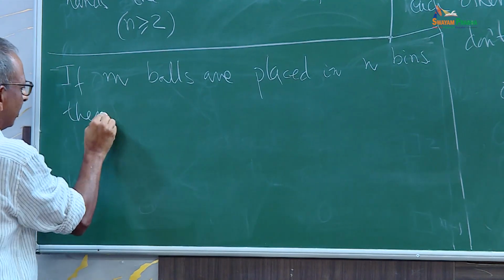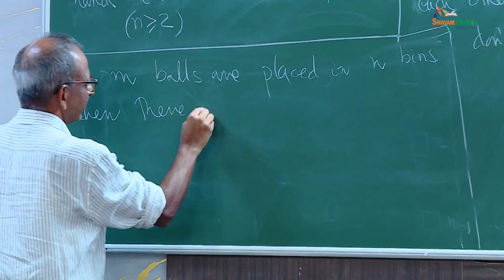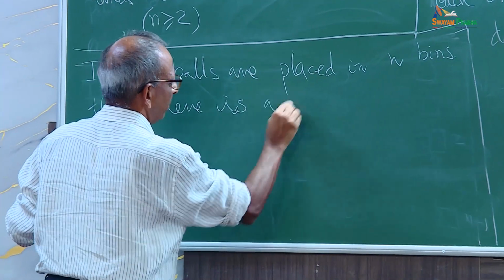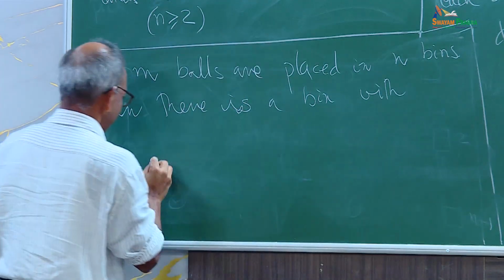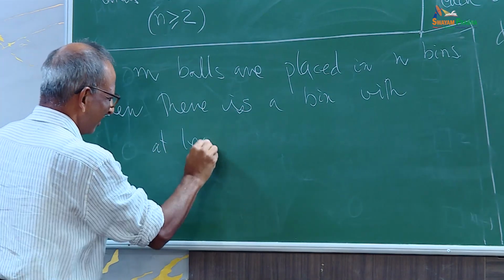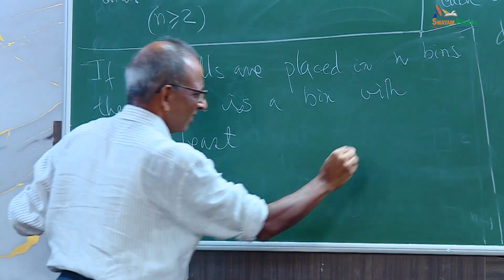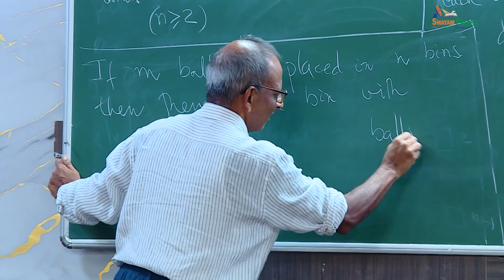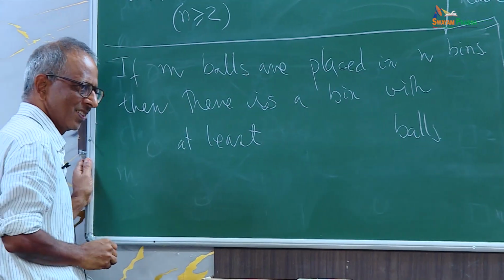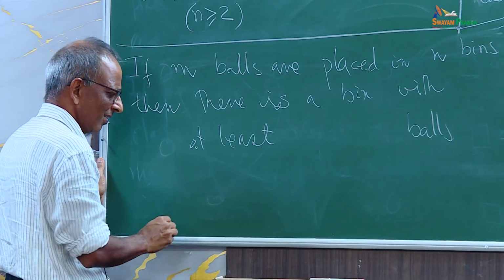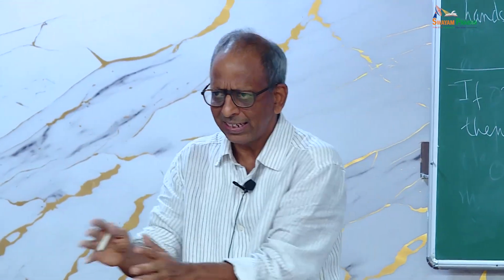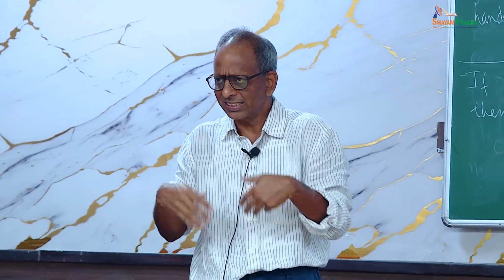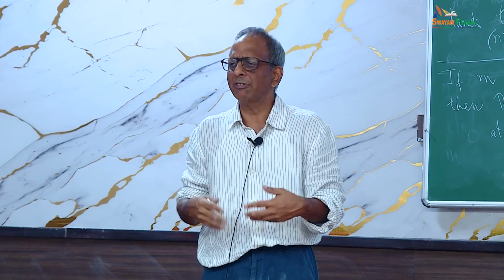then there is a bin with... So if m balls are placed only in n bins, think of m as a large number, n as a small number, then some bin must have at least how many?